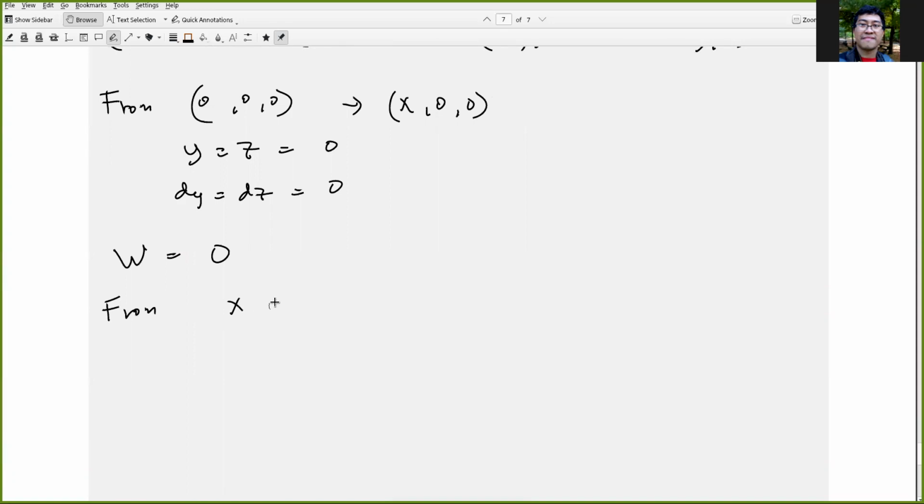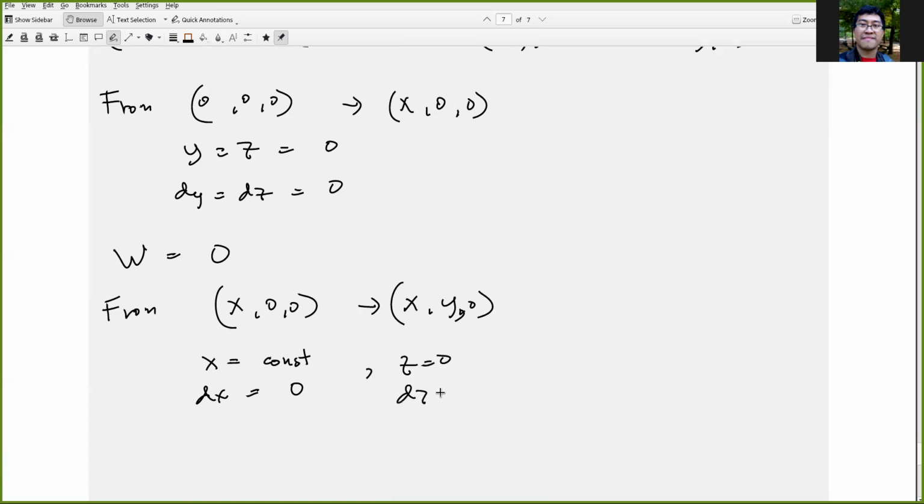How about x, 0, 0 to x, y, 0? In this case, we go from x, 0, 0 to x, y, 0. What will matter is the value of x here. We have x as a constant, it did not change, so dx equals 0. Also, z equals 0, so dz equals 0.